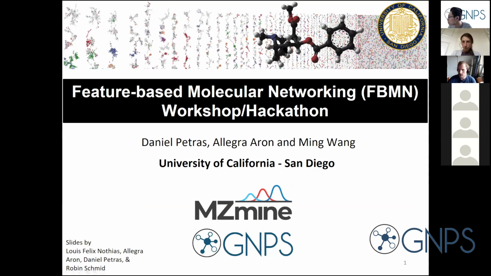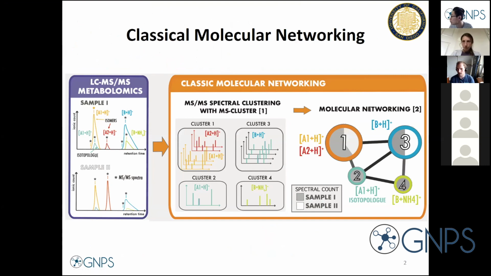So I hope you attended the other classical molecular networking job 2 weeks ago. For those of you who haven't, the basic principle of molecular networking is that we take all MS2 spectra of a given data set, and then we cluster identical spectra together in so-called clusters, and then we display those clusters depending on their spectral similarity inside of a molecular network.